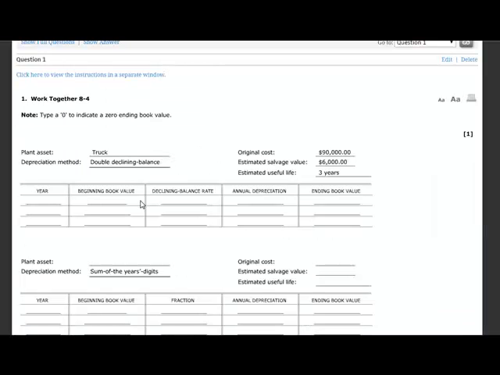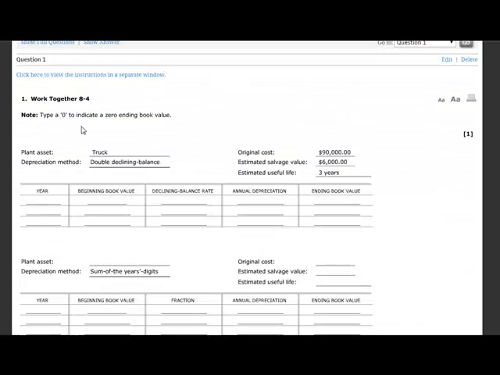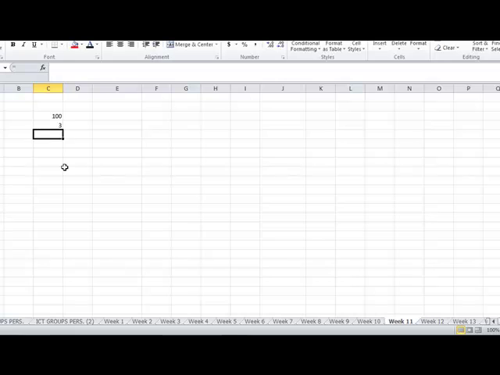Now, the total depreciation percentage is always going to be 100. Every time you're going to have 100% depreciation. If I divide that by my useful life, which is 3 years, so I'll have Excel do that for me, equals 100 divided by 3, I'm going to get a repeating decimal, and that's fine.